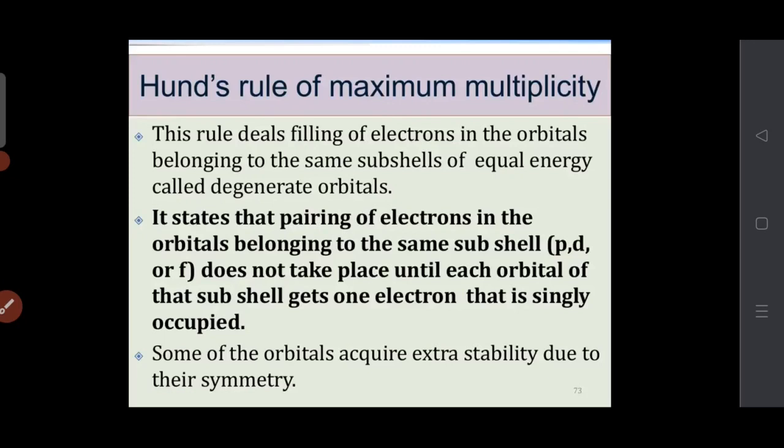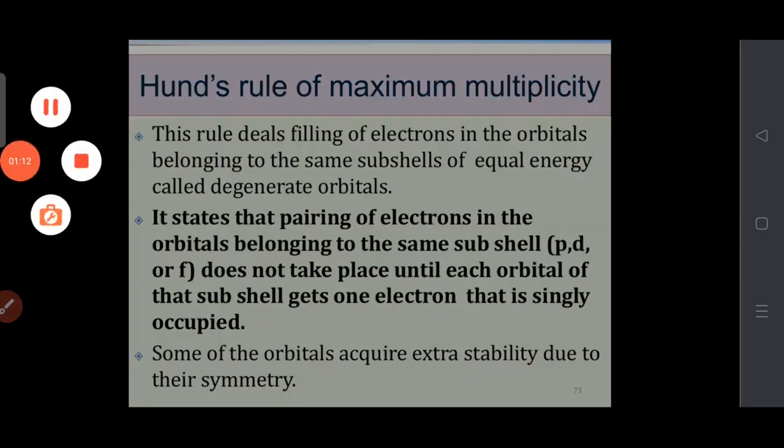So if we take the p orbital, then px, py, pz, and after completion of the p orbital we can go to the d orbital. Electrons should be situated just like that.